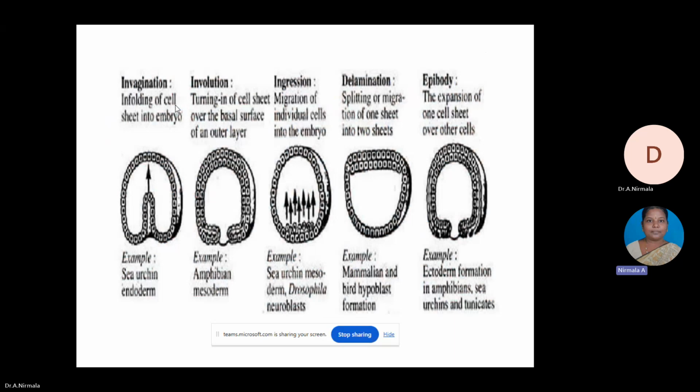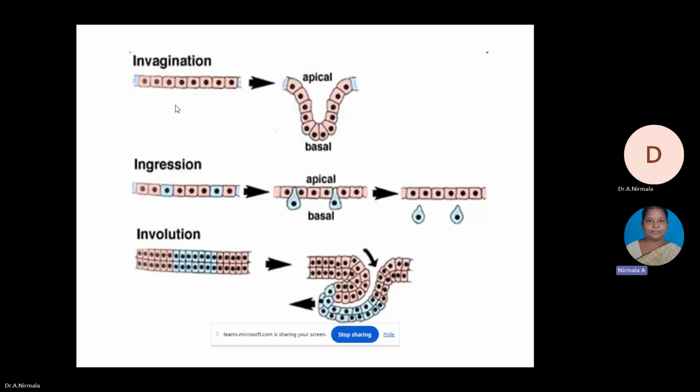Next one is the invagination. Invagination is the infolding or inpushing of cells into the blastocoel. The process is the formation of a cavity, that is archenteron, and the archenteron is surrounded by cells in the folded form.